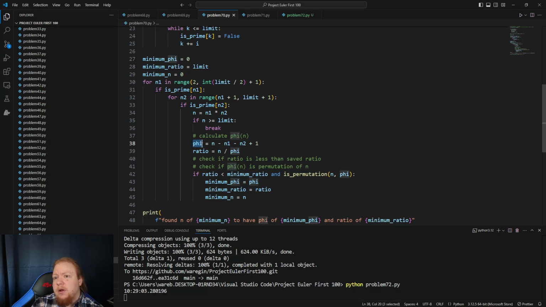So it could also be calculated as, let's see, phi of n1 would be n1 minus 1, and the phi of n2 would be n2 minus 1.